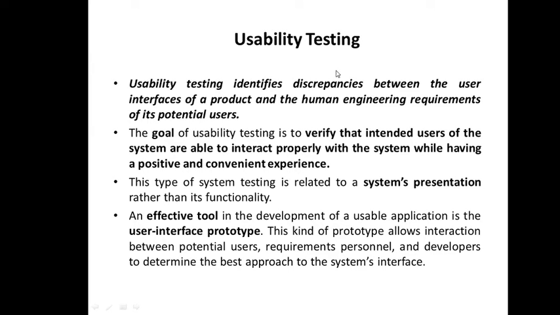Now, another type is usability testing. As the name suggests, usability is how user friendly your system is. You need to test for all those parameters. Are users able to use it properly, right? So, usability testing identifies the discrepancies between the user interface of the product and the human engineering requirements of its potential users.